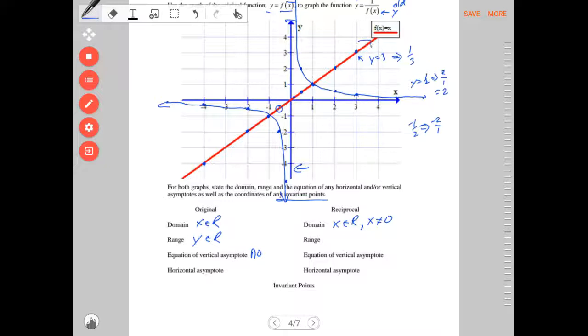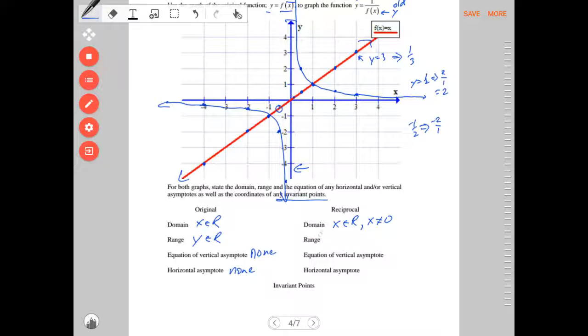That just goes on forever. So there's nothing we get close to and don't touch. The horizontal asymptote, there's none of those either. Wow, that was awkward. I'm sorry. So there's no vertical or horizontal asymptote for the red line.